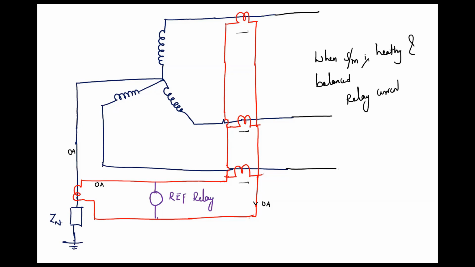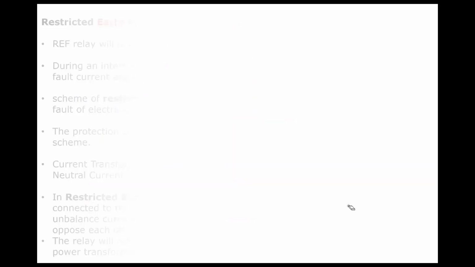Zero. Whenever any fault occurs inside the transformer, definitely some current will flow through the ground and through the CT. This will induce some current, and during that time the restricted earth fault relay will act.